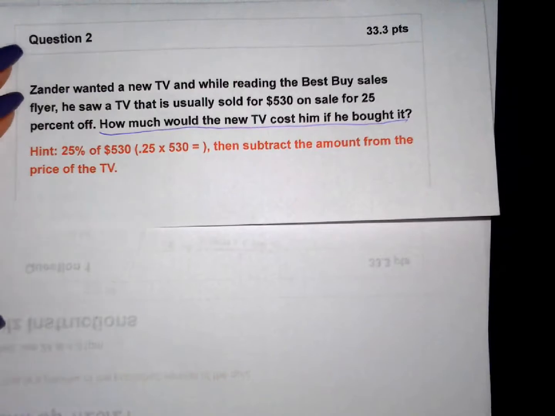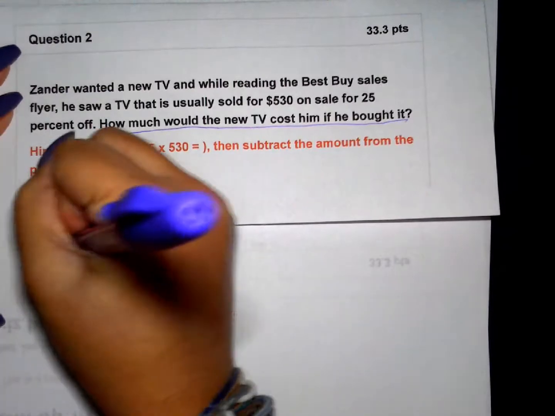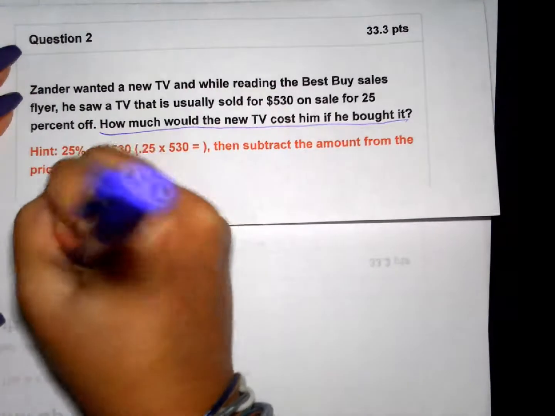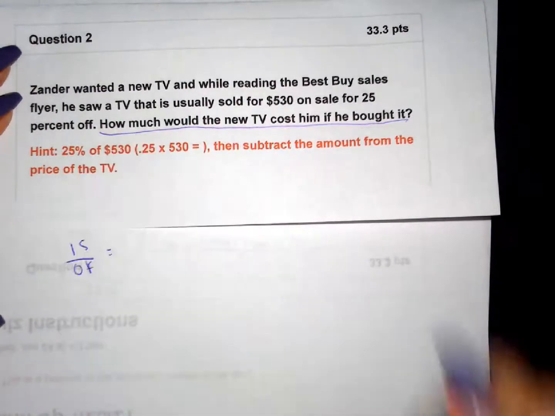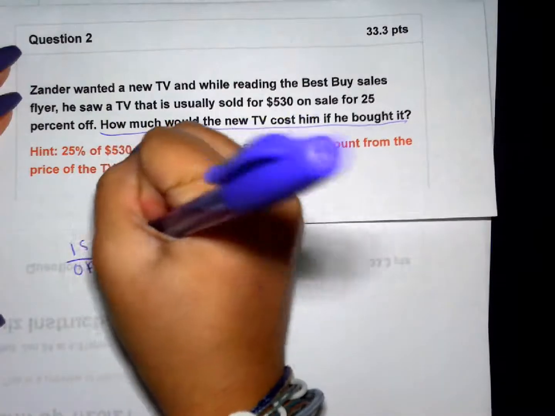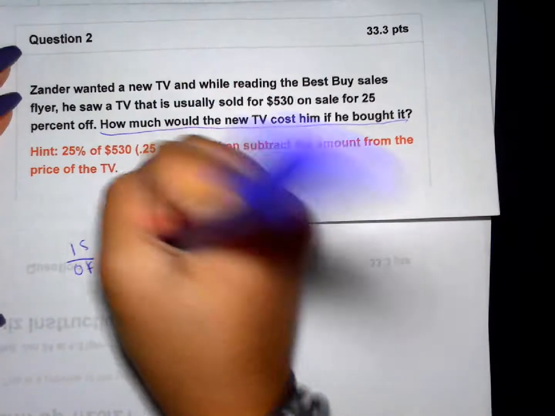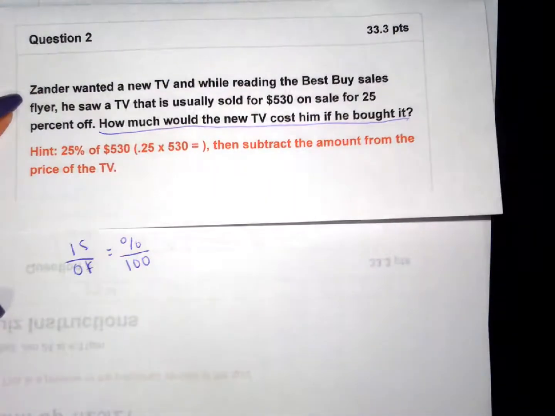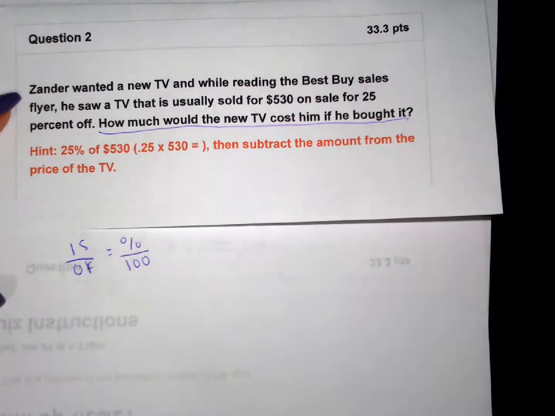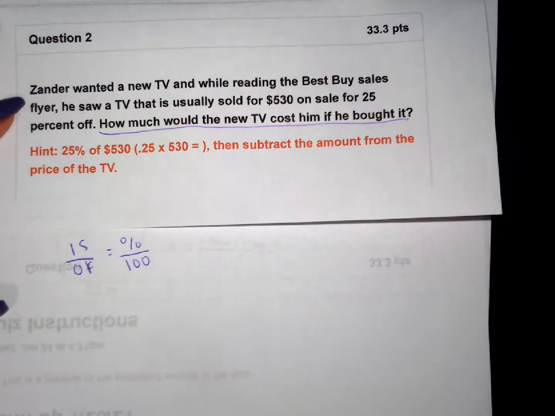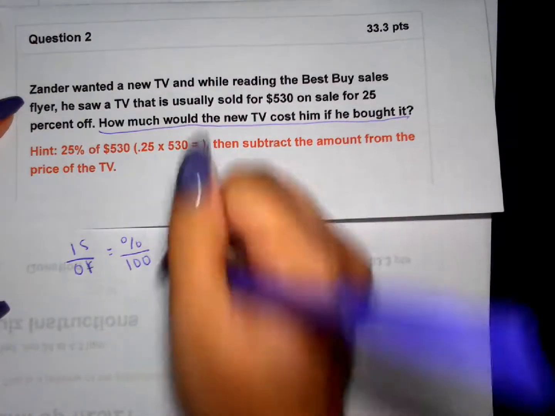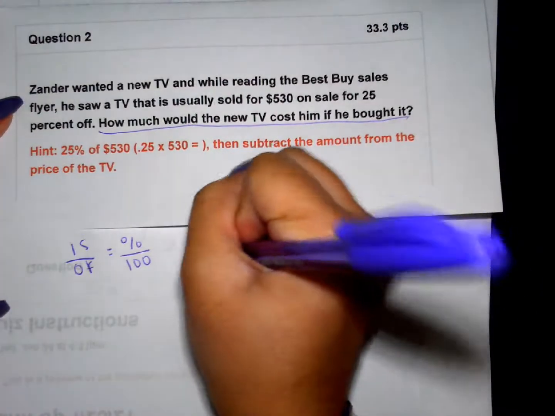So we start this problem off by doing the is over of is equal to percent over 100 equation. We know that the of number is going to be 530, so we're going to put that right here.